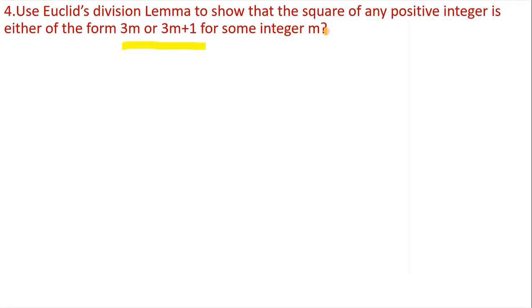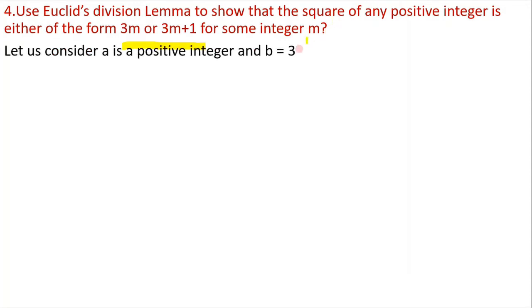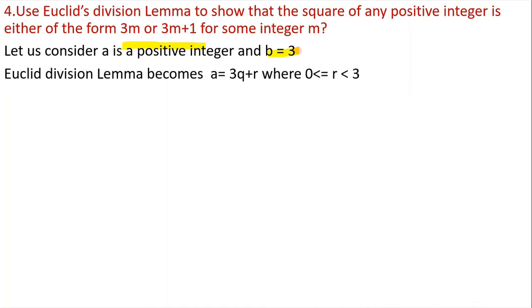Okay. Let us assume that a is any positive integer and the value of b is equal to 3. When you substitute b is equal to 3 in the general equation, we get a is equal to 3q plus r, where 0 is less than or equal to r less than 3. That is, the value of r is equal to 0, r is equal to 1 and r is equal to 2.